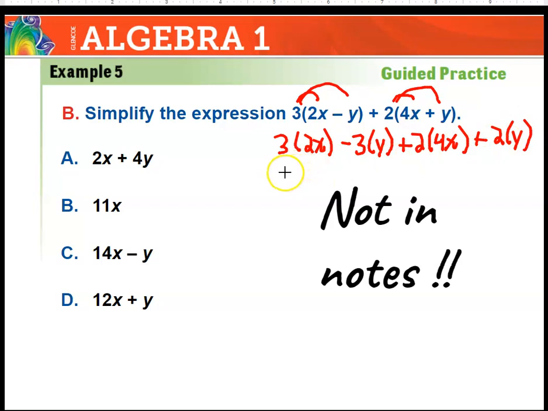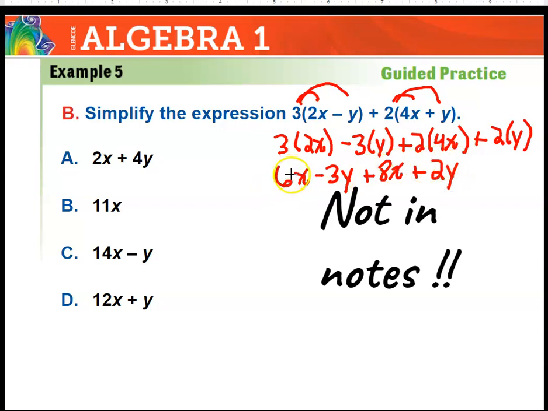Multiplying now, I end up here with 6x minus 3y plus 8x plus 2y.